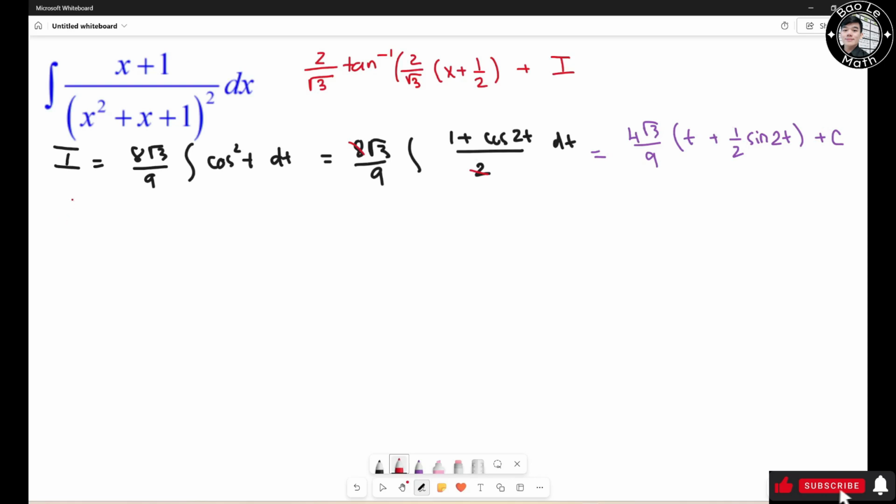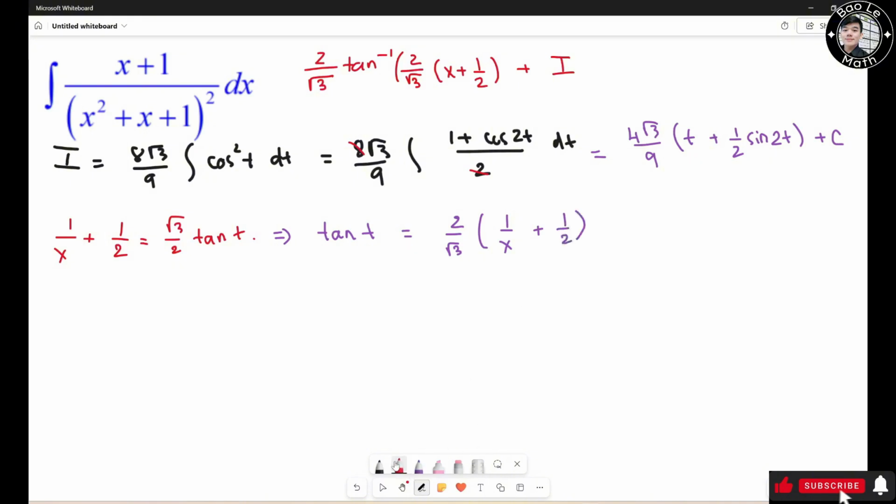Now we need to substitute the original variables back into this. So previously we used the substitution by letting 1 over s plus 1 over 2 equals root 3 over 2 tangent t, right? Now we need to divide both sides by root 3 over 2, so it turns out to be tangent t equals 2 over root 3 times 1 over s plus 1/2, right?